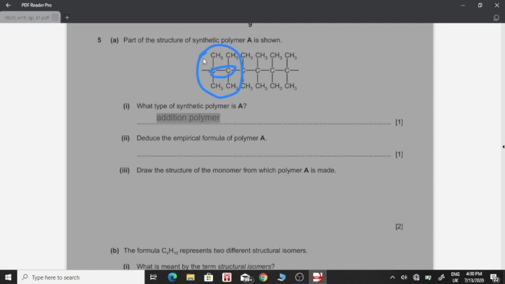And so this one is the monomer unit. Okay, so when we look at the number of carbon over here, it is 6, and the number of hydrogen over here is 12, and then when we simplify it, it becomes CH2. So we have the empirical formula as CH2.